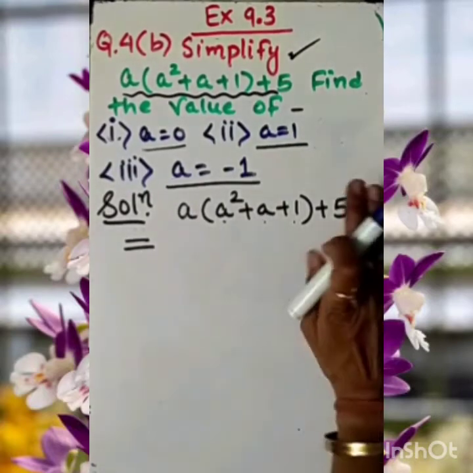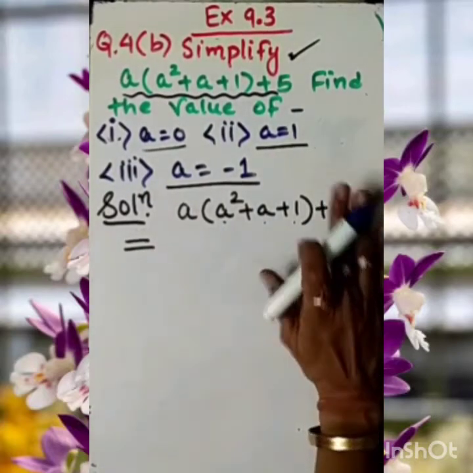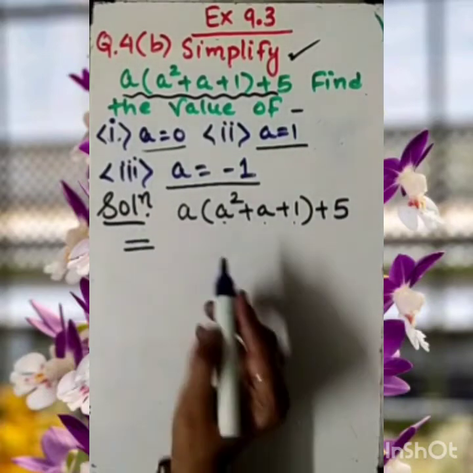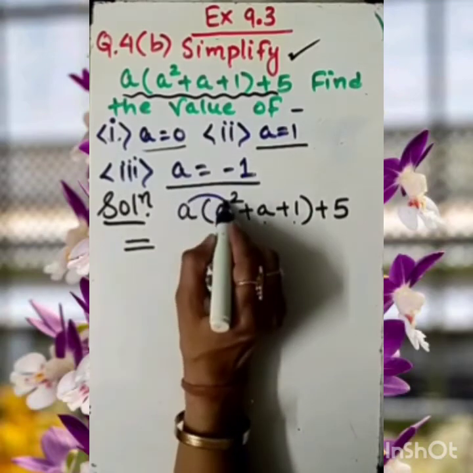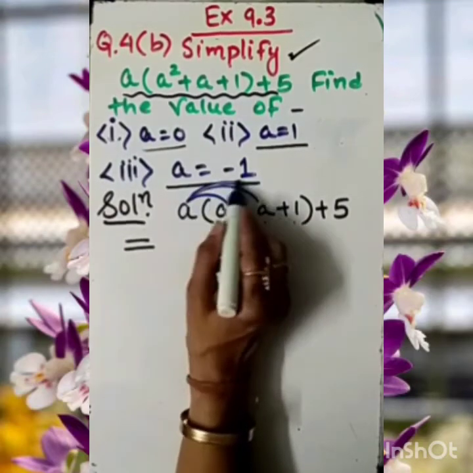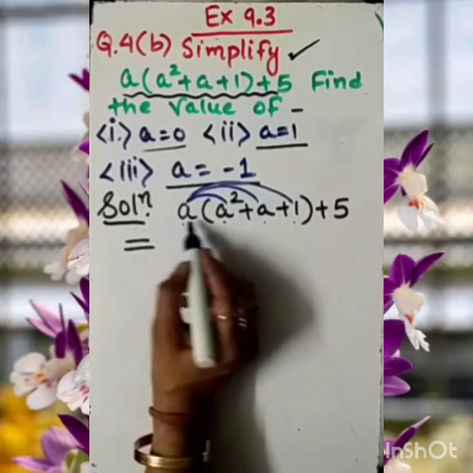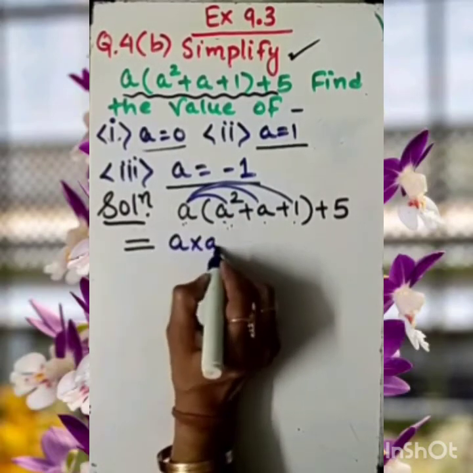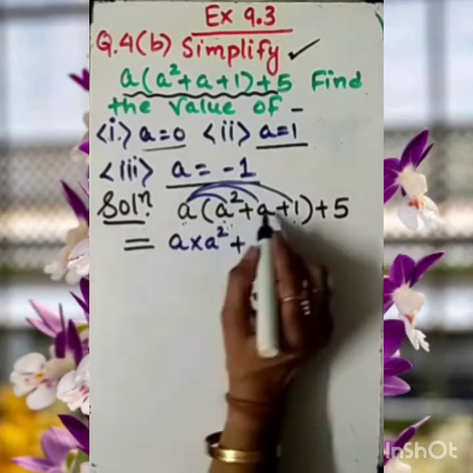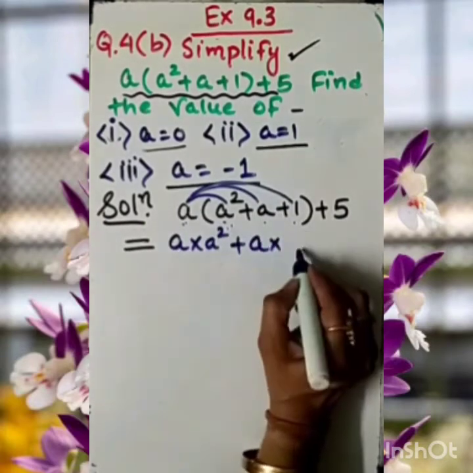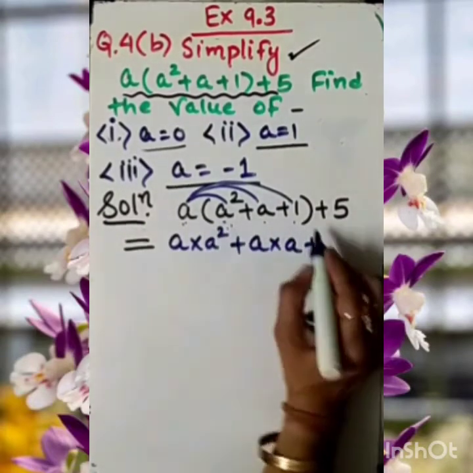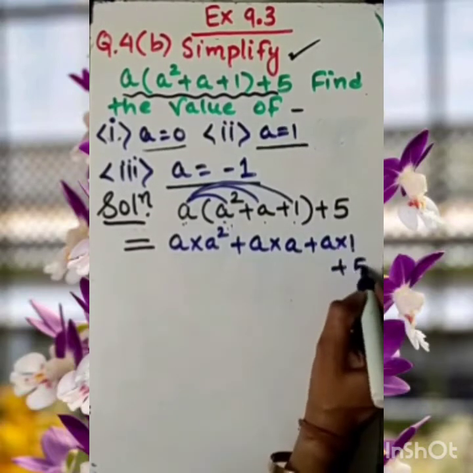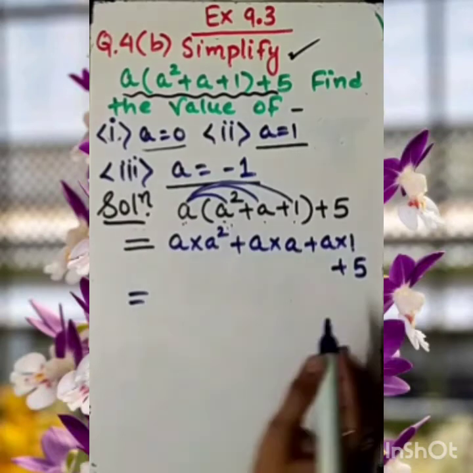At that time, hide the plus 5, it will remain the same, and afterwards we will add it. So first we multiply a with a square, then a with a, then a into 1, and the additional plus 5 stays as it is.